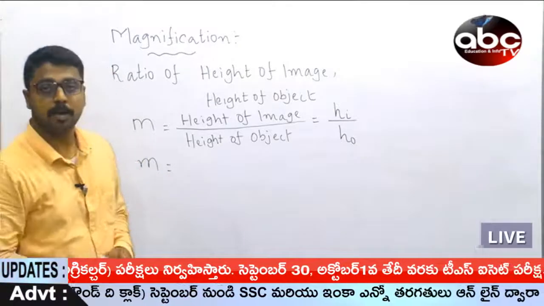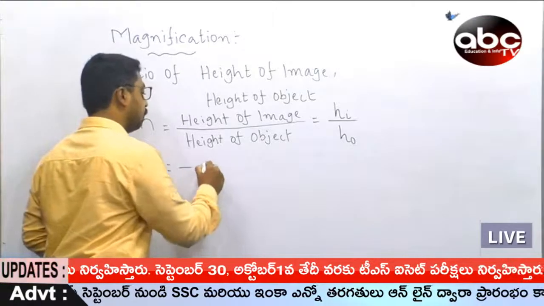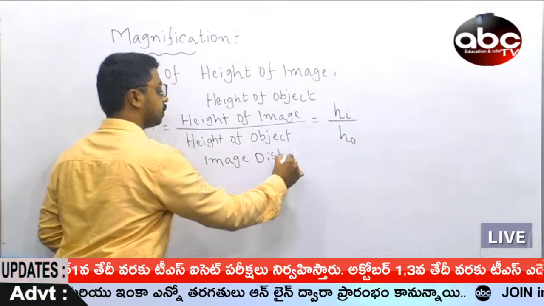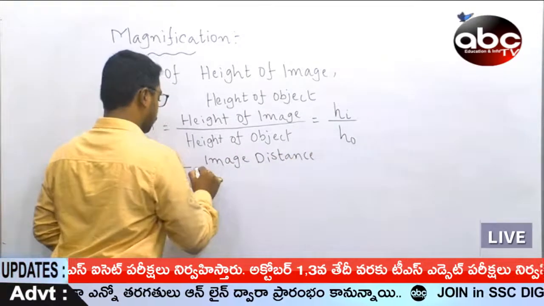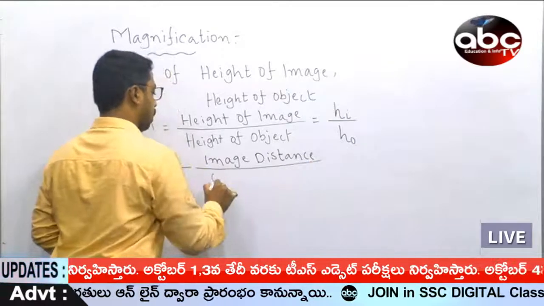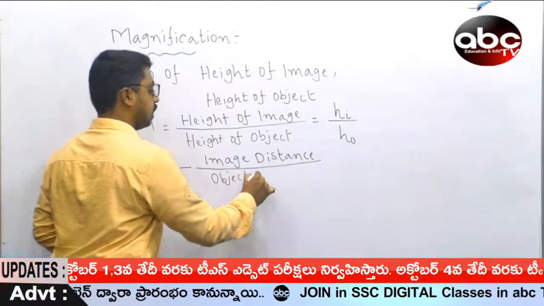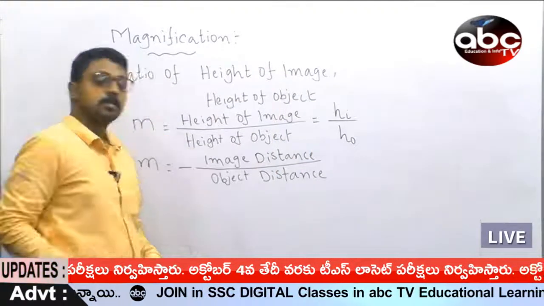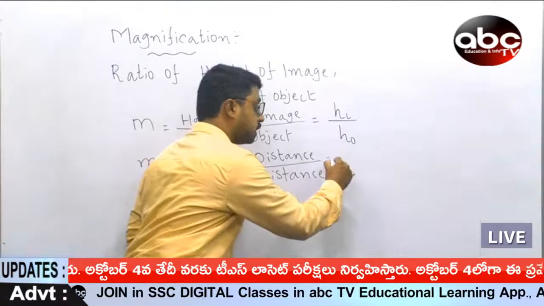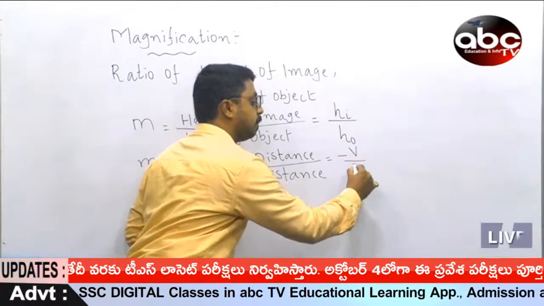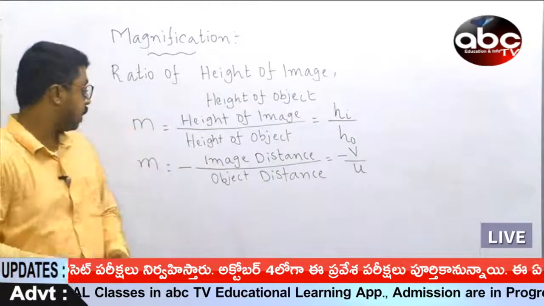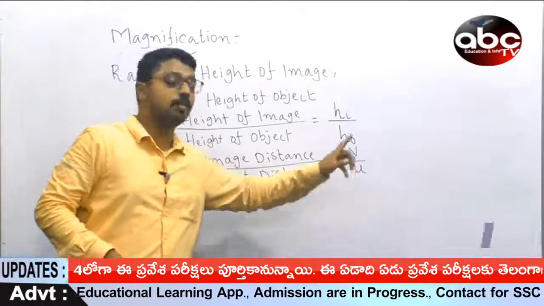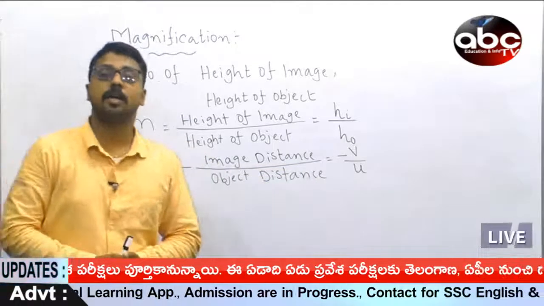For that there is a separate formula: minus of image distance to the object distance. That is represented as minus V by U. Of course, image distance is denoted by V, whereas object distance is denoted by U. They are the denotations of them.